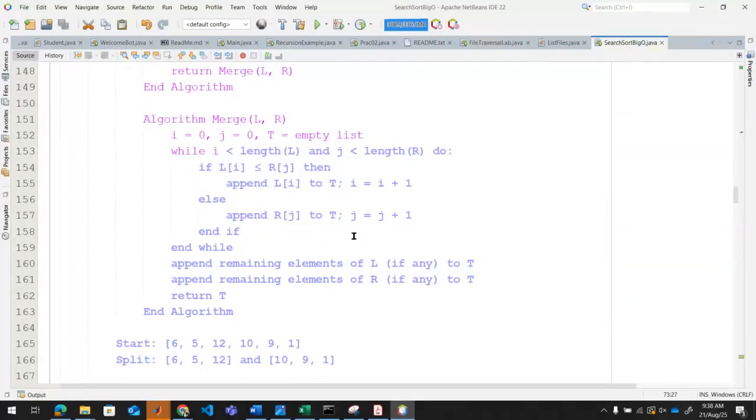If the element of the left subarray is less than that of the right subarray, then take that element of the left subarray and append it to t. So we append it to t, then we say I is equal to I plus 1. This is basically an increment, like saying I plus plus.